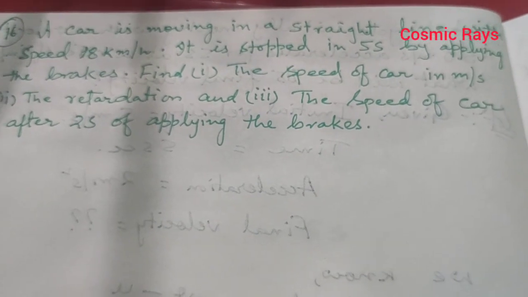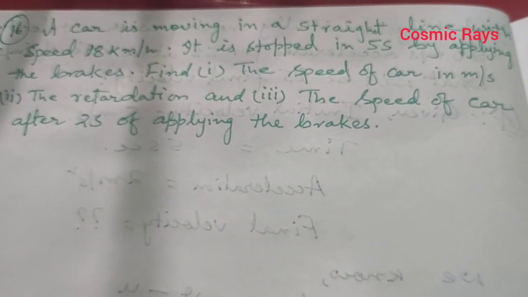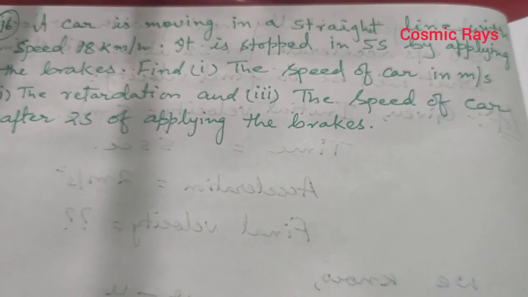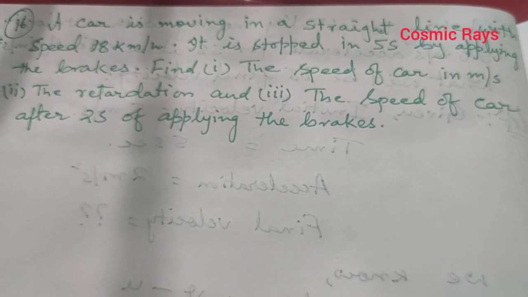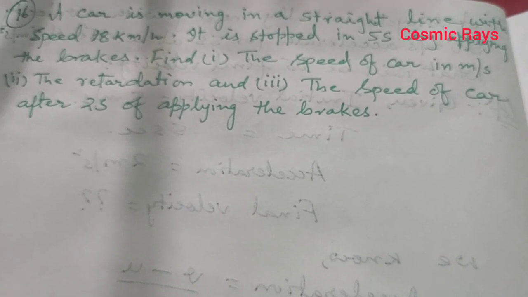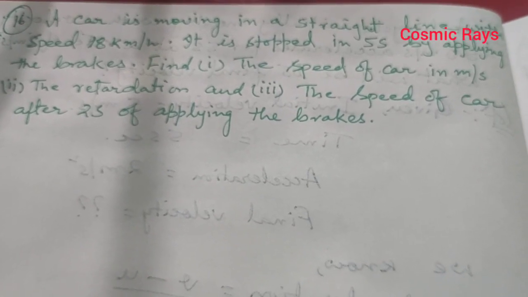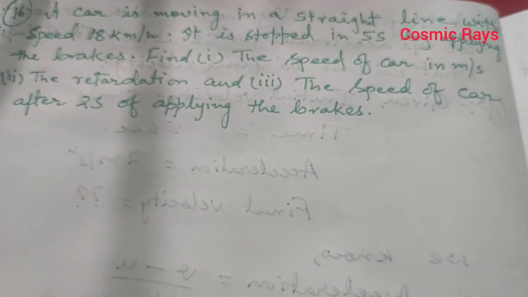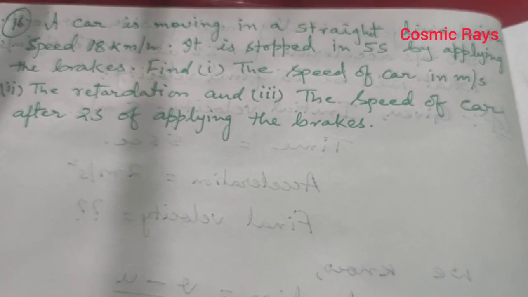It says a car is moving in a straight line with speed 18 km per hour. It is stopped in 5 seconds by applying the brakes. Find the speed of the car in meter per second, the retardation and the speed of the car after 2 seconds of applying the brake.